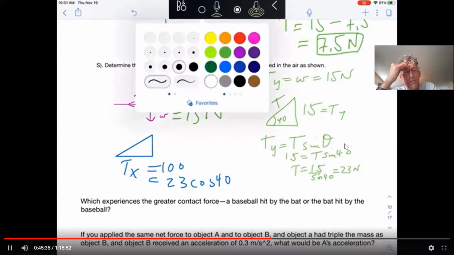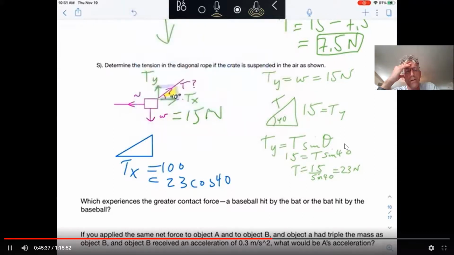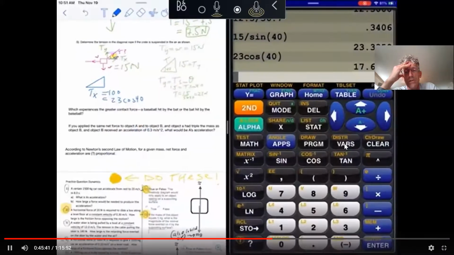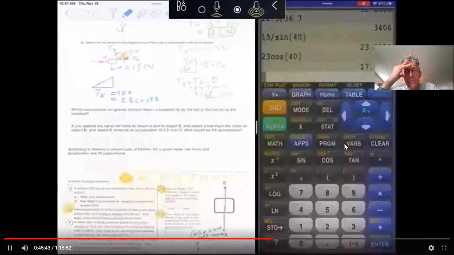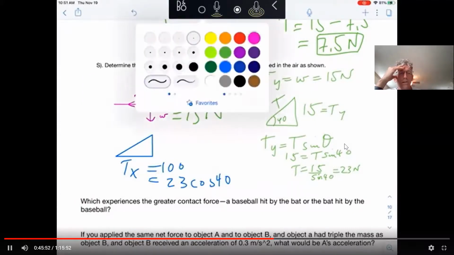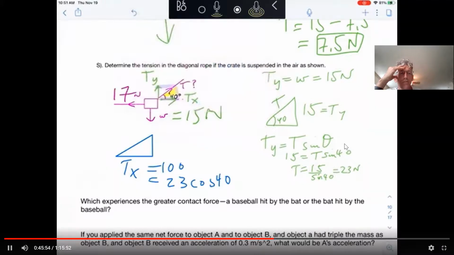And put in 23 times cosine of 40, which is 17.